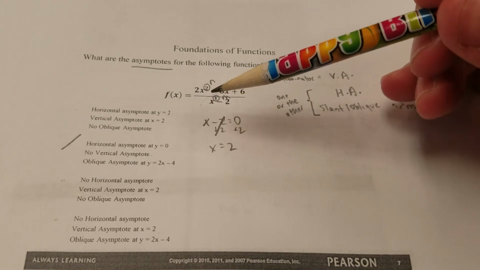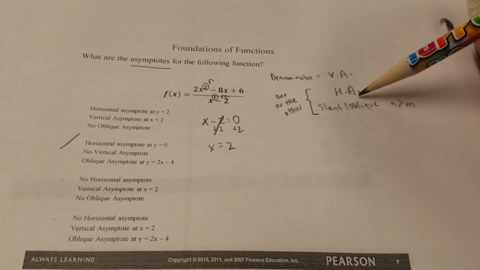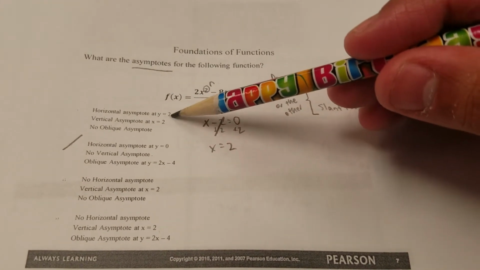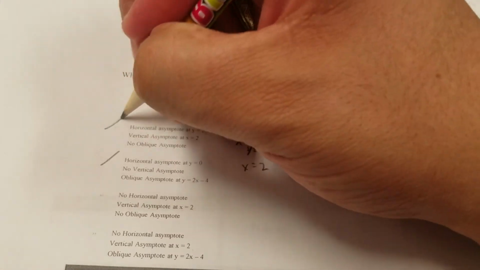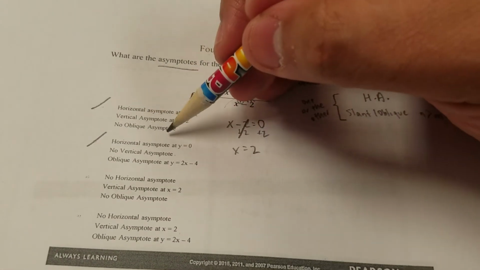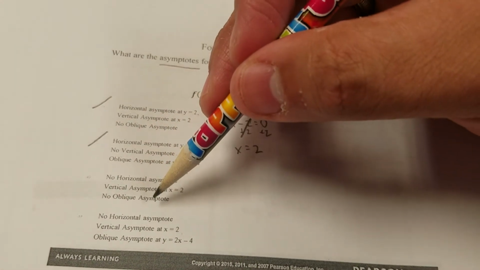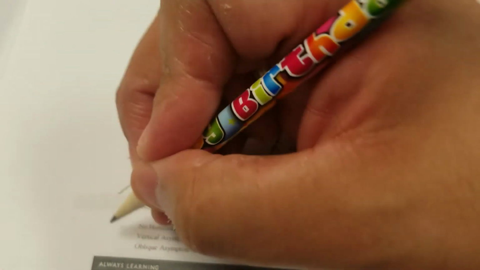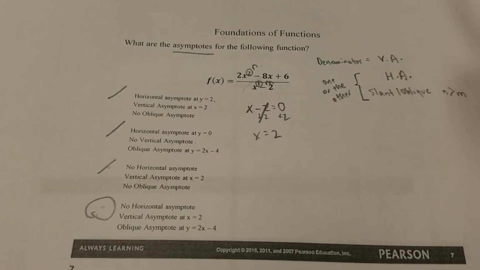If I have a slant asymptote, that means I don't have a horizontal. So I can get rid of this answer choice because it's telling me I have a horizontal. And it also tells me I don't have a slant, which is not true. This one also tells me I don't have a slant, so that's also not true. So the answer is the last one.